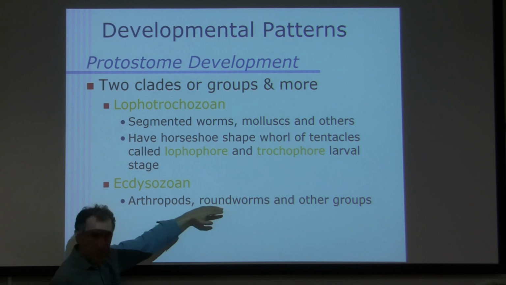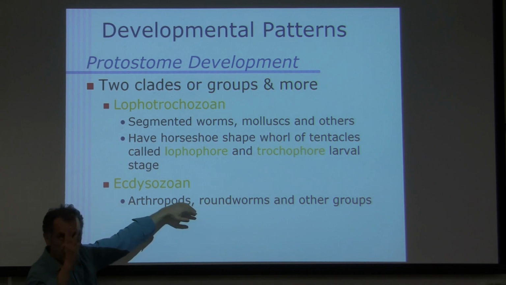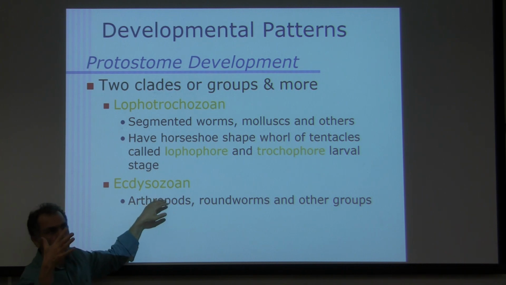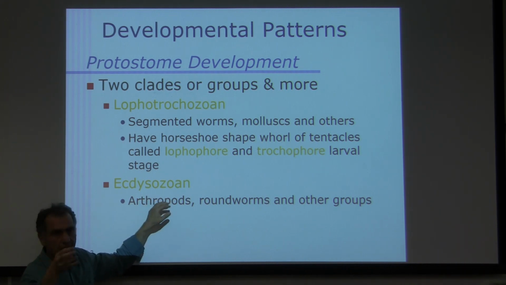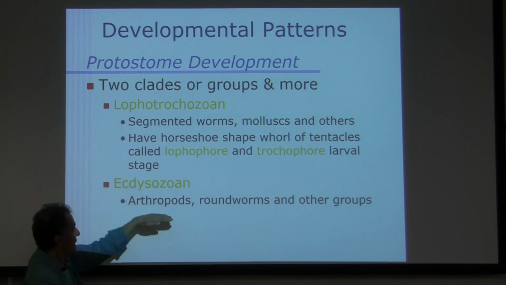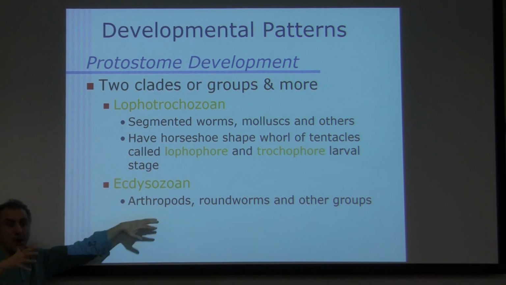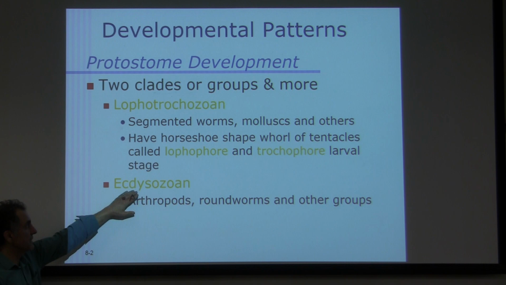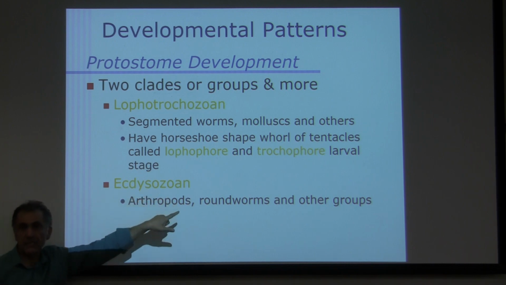Animals like roundworms, which we will study in exam number 3, and arthropods, which are flies, crab, cockroach, they all shed their exterior layer. So it's called molting or ecdysis, and they belong to clade Ecdysozoans.